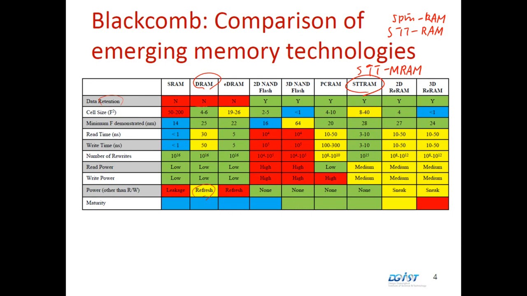In other memory, for example flash memory, yes, it stores the information well, but the other parts are all red because it requires high power in read and write, the number of rewrites is limited, and the access and writing speed is quite slow.